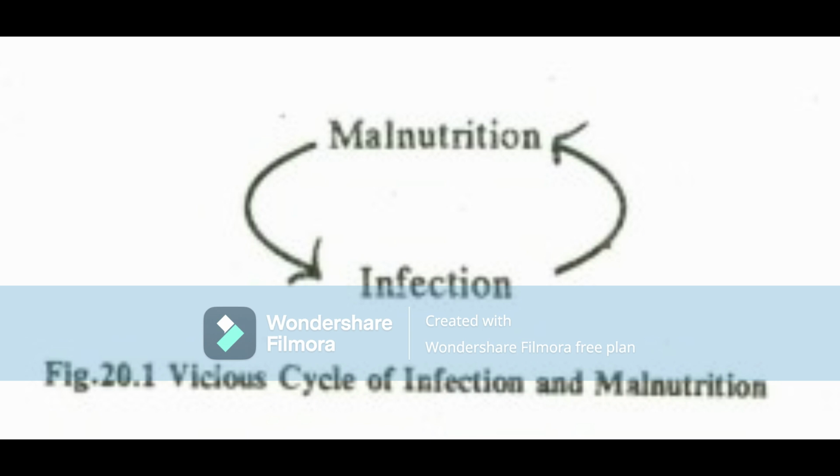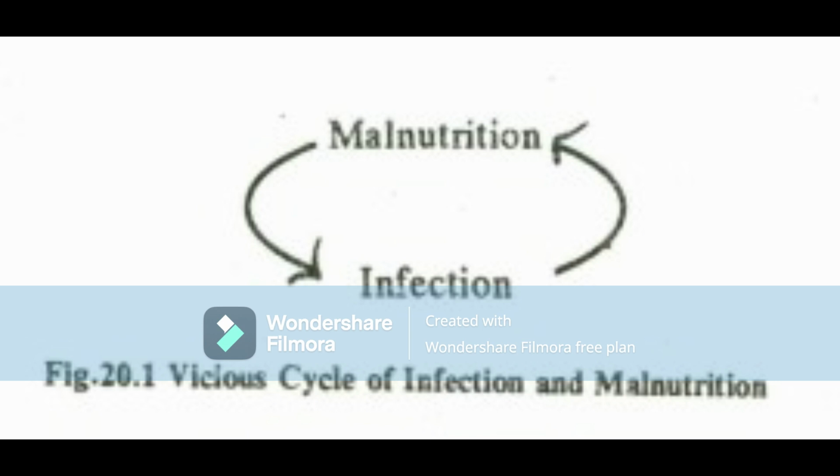The relationship between malnutrition and infection can be described as a vicious cycle. Figure 20.1: Vicious cycle of infection and malnutrition. Malnutrition, infection, malnutrition, infection. Malnutrition can increase the risk of infections and infections can, in turn, lead to malnutrition.